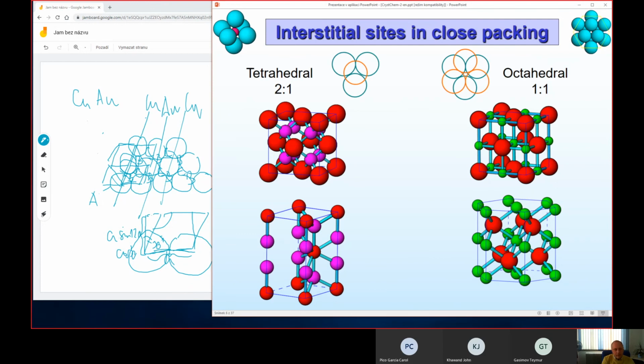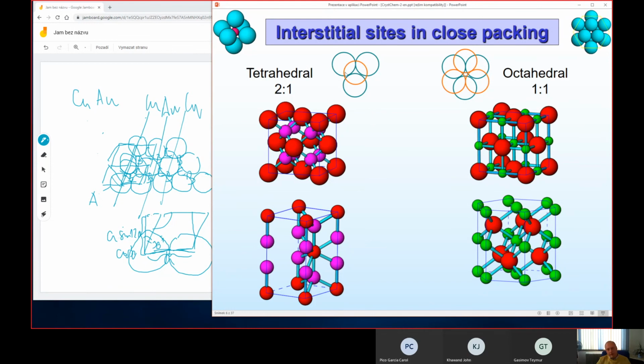And now let's come to binary and more complex compounds, usually ionic or highly polar, but as I mentioned, also some covalent or weakly polar binary compounds can be derived based on occupation of the interstitial sites within the close packing. And we have two kinds of interstitial sites, in fact.